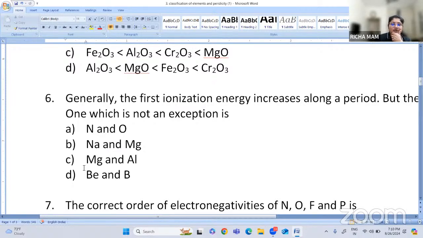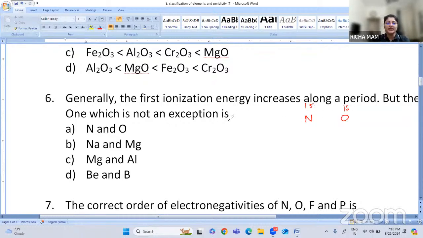Now, let me see how the elements are placed. Here is our nitrogen, then comes your oxygen. Nitrogen is group 15, then this is your group 16.